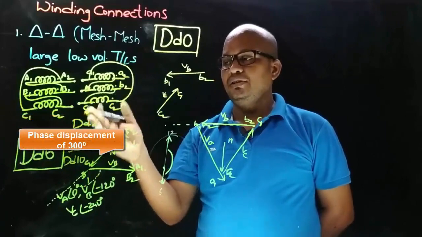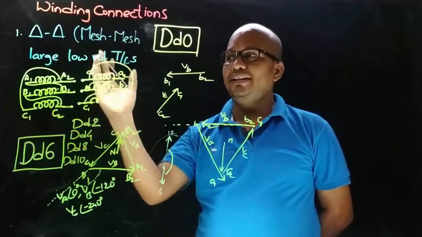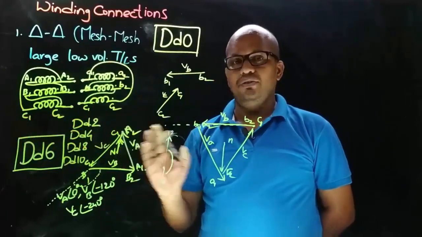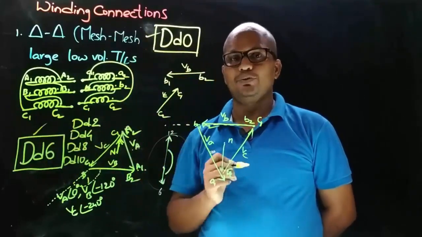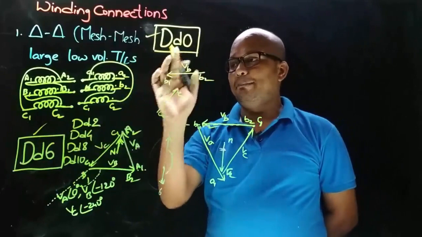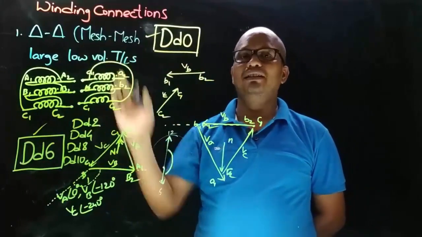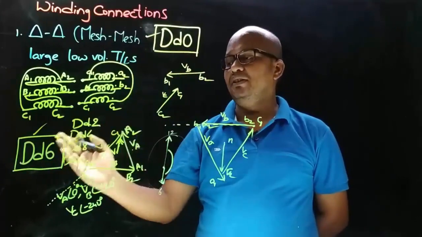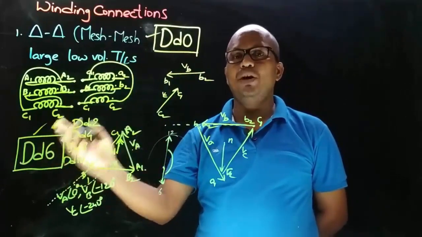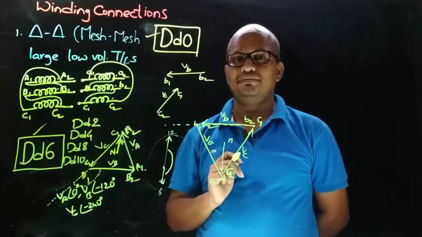These are the possible connections of delta-delta, and here we draw the phasor diagrams for these two vector groups because these are the main connections of delta-delta. Here we can have 0 degrees phase displacement, and with this type of connection we can have 180 degrees phase displacement.